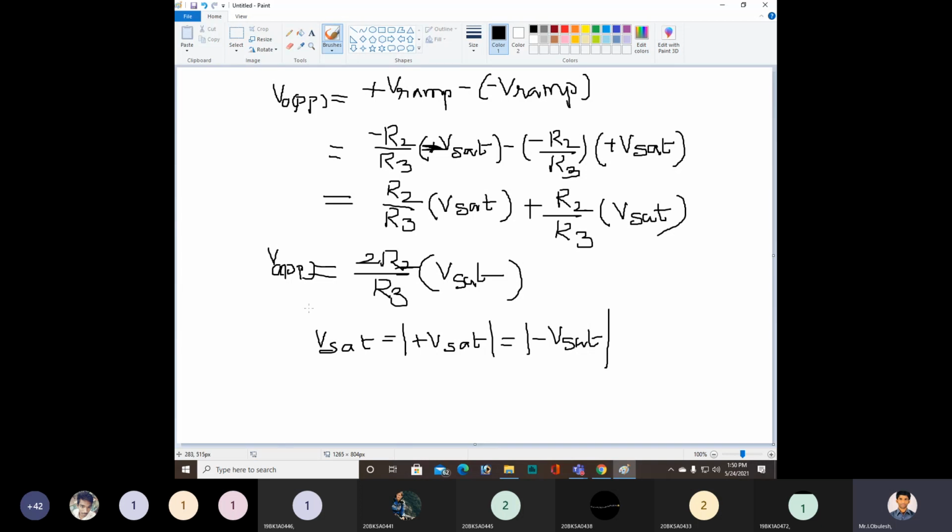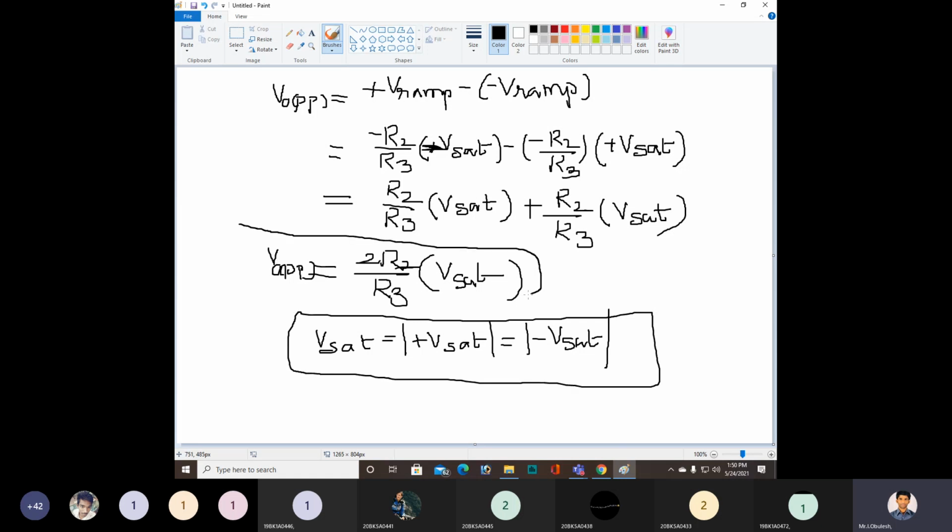You need to remember V out PP is equal to 2 R2 by R3 into V saturation.